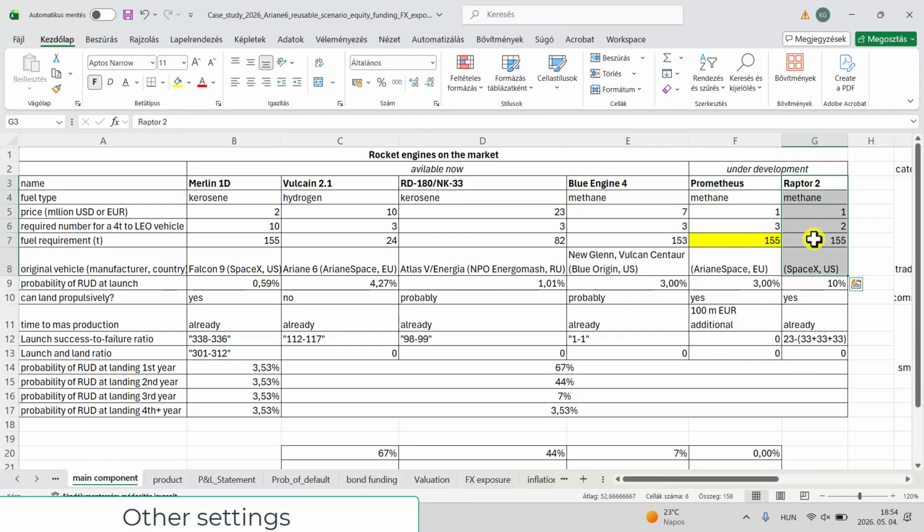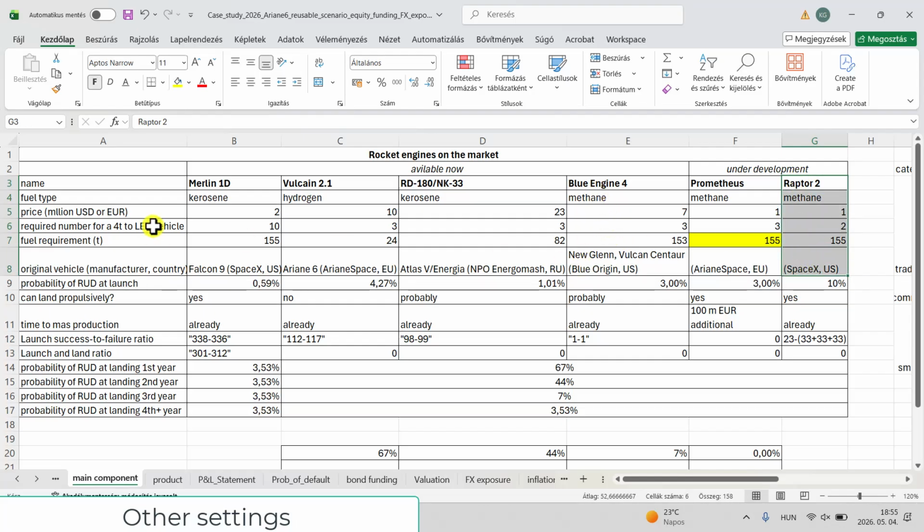Also Raptor 2, now we should write 3 because this will be operational next week if it flies. Anyhow, it will be operational in one way or another. So now they changed the version number. Still, we can say that pricing and everything, performance is a bit bigger, but right now it doesn't matter for us.